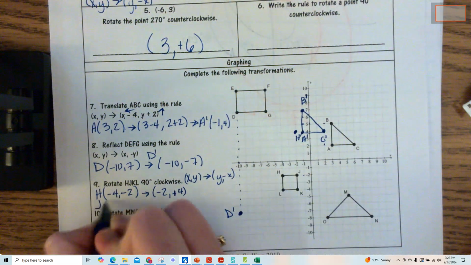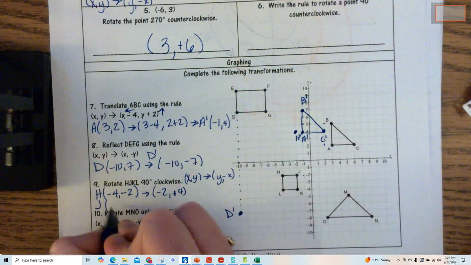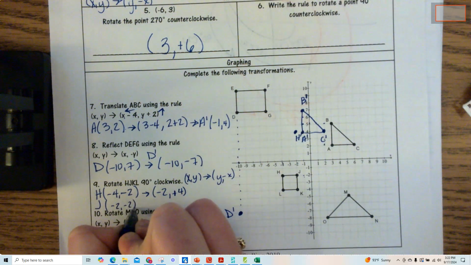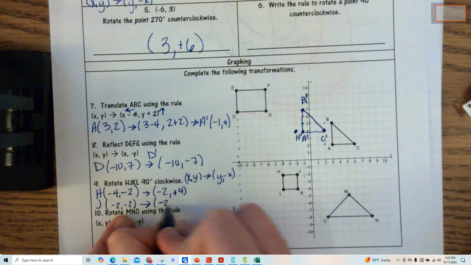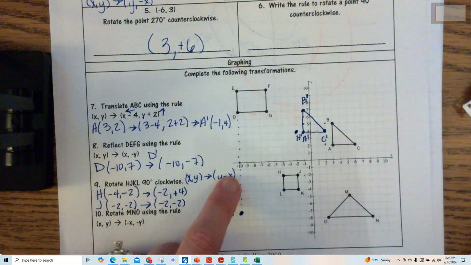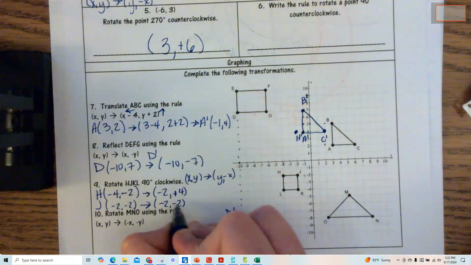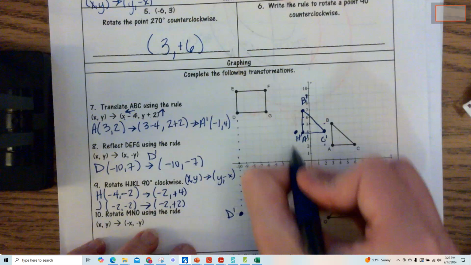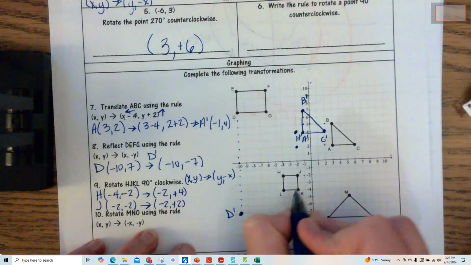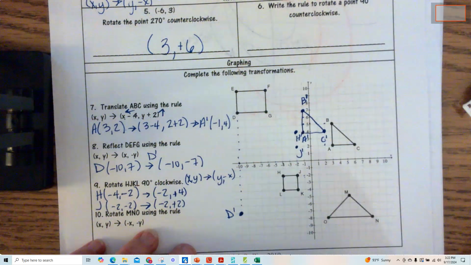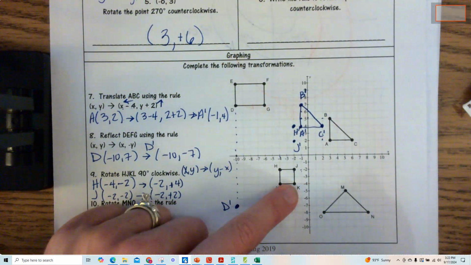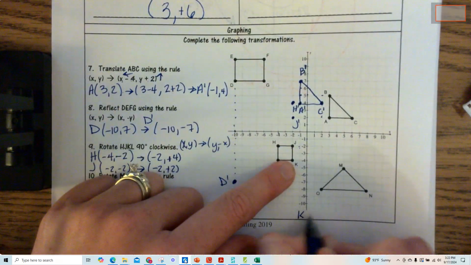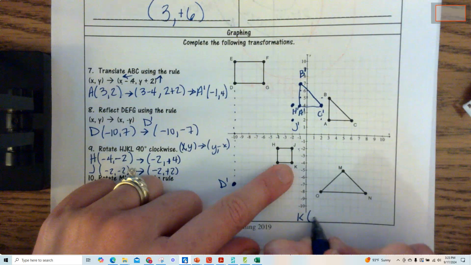So then I can do J. J is at -2, -2. So they change places, so nothing really changes, but the sign of the second changes. So -2, +2, that's my new J prime. K, so I'll do it down here. K is at -2, -4.